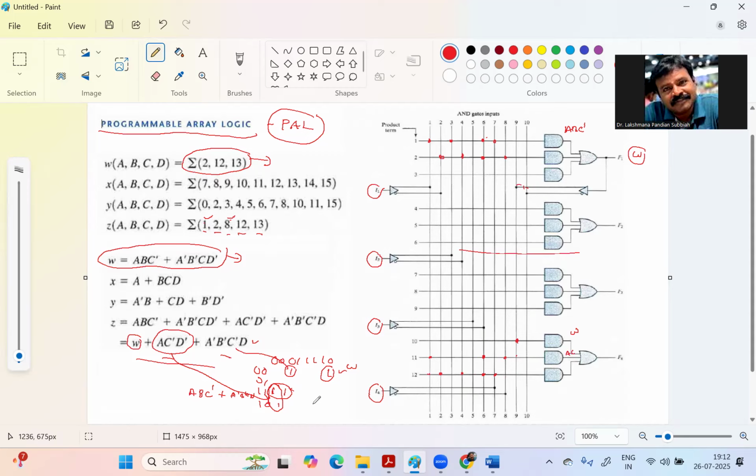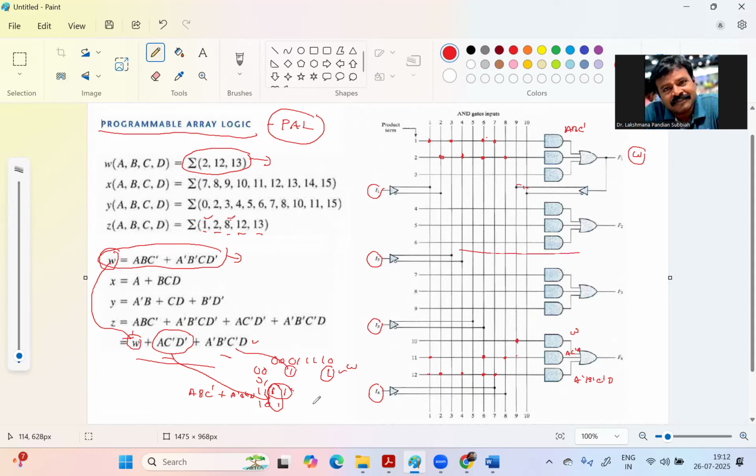This is AC dash T dash, and then this one is A dash, B dash, C dash, E. So here this W is going to be reused in the function.